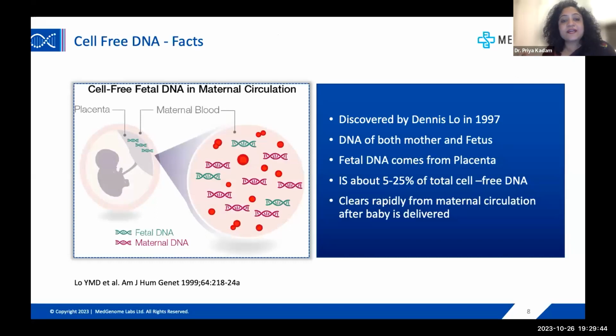Now, there are certain factors about this cell-free DNA which we should be aware of. It has greater implications for aneuploidy testing and microdeletions or any other kind of testing. But for this, one factor to remember is the cell-free DNA is both of the mother and the fetus, and the fetal fraction is about 5 to 25%, and it clears rapidly after circulation, after the baby is delivered.